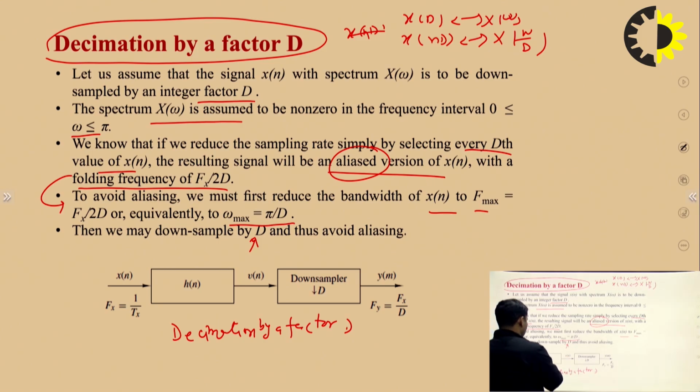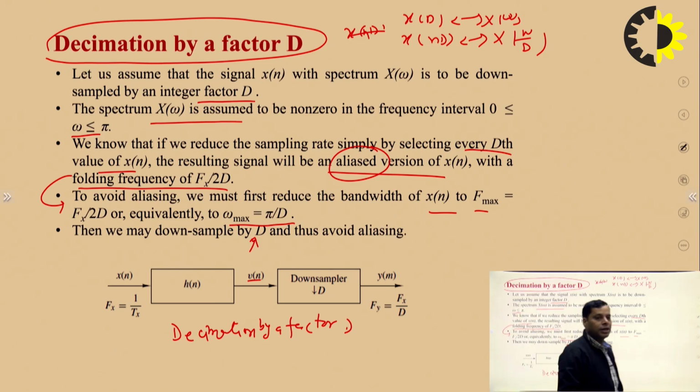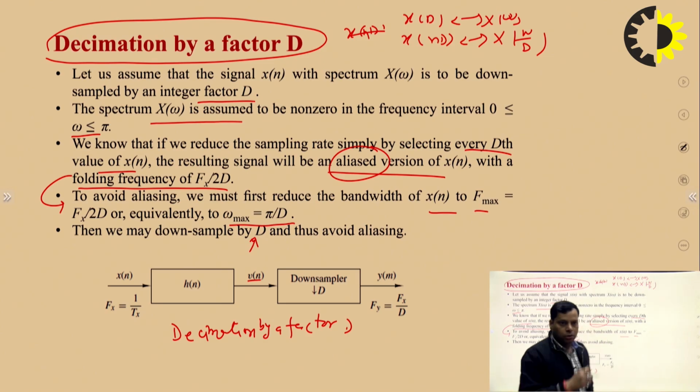This output is then applied to the downsampler, which downsamples v(n) by the factor D, and after that we get the output y(m), where the output frequency Fy is the downsampled version of the input frequency.